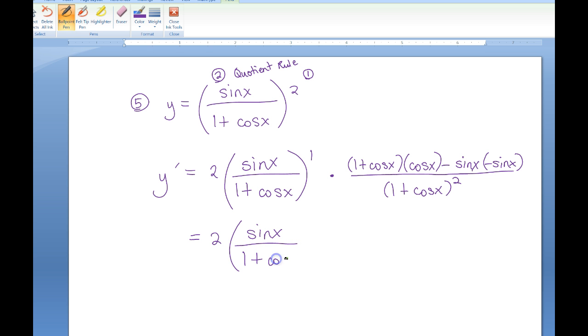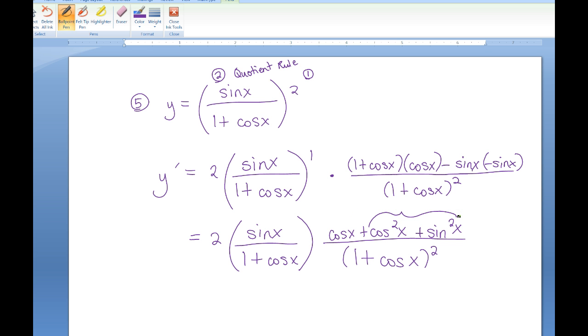So we have cosine x plus cosine squared x plus sine squared x. Don't multiply out the bottom, just leave that for now. I think this is what Natalie was referring to: cosine squared plus sine squared has to be equal to 1.